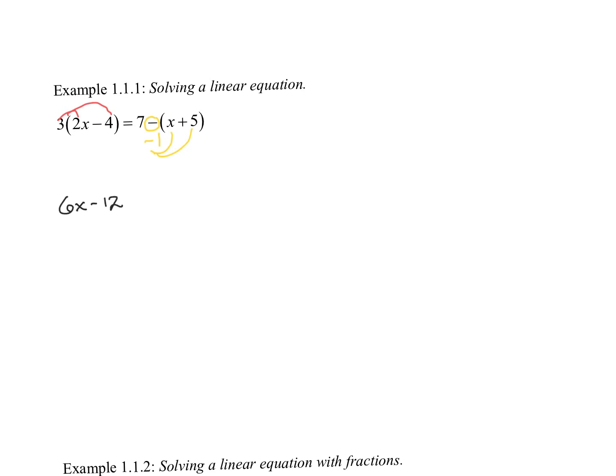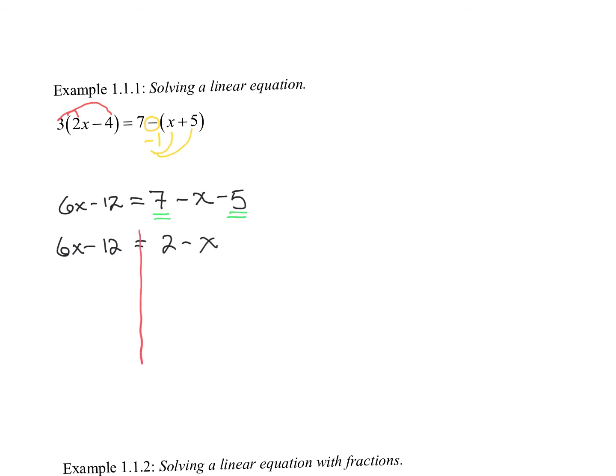That 3 has to go to both things inside the parentheses, equals 7. And then remember that negative is getting distributed in, so the x becomes a minus x, and the 5 becomes a minus 5. Before we start solving or doing anything, on any side where you can combine like terms, combine them. So I have 6x minus 12 equals 7 minus 5 is 2, and then minus x.